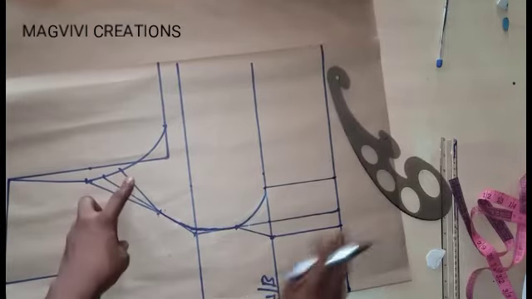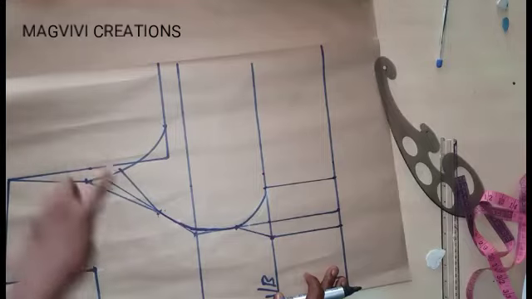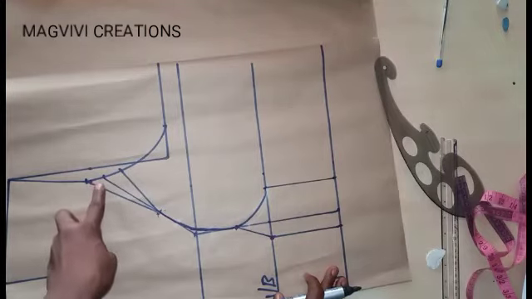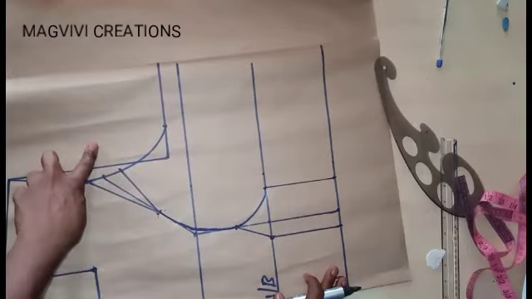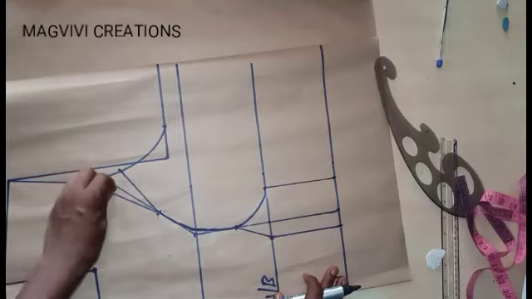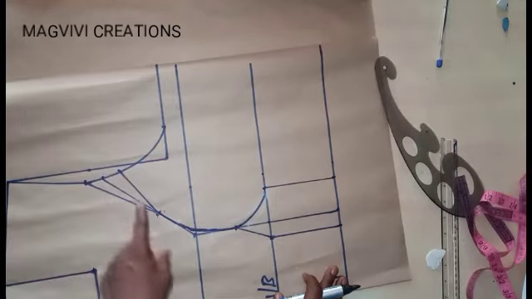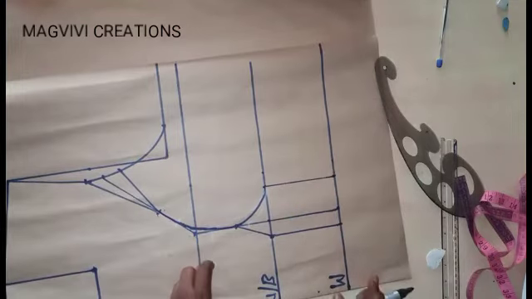Now remember, one other problem that people have is at this point. You have to extend whatever you placed here, 1 inch on this side and 1 inch on this side. You have to extend it. When you don't do this, that is where you have a problem. By the time you join, if you start joining from here, by the time you get to this place, this side will be longer than this side.